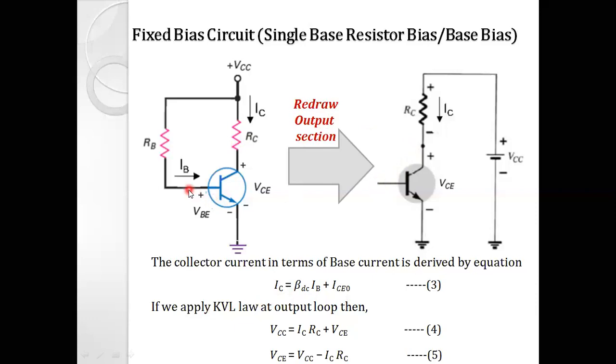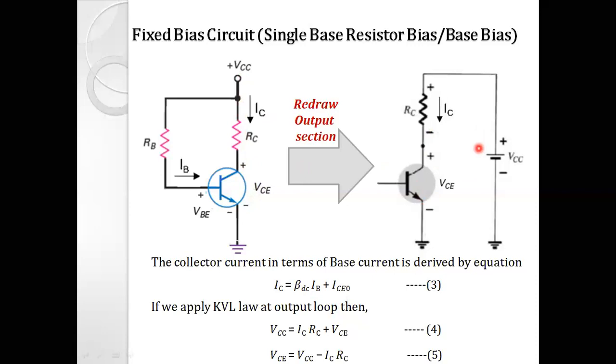So the base terminal, which is the input terminal, is kept open, and the output portion is the supply VCC, then the current limiting resistor RC connected to the output terminal collector, then the output side voltage drop between collector and emitter, that is VCE, and the emitter terminal connected to the ground. So this output portion is redrawn over here, and the analysis of this circuit should be done.